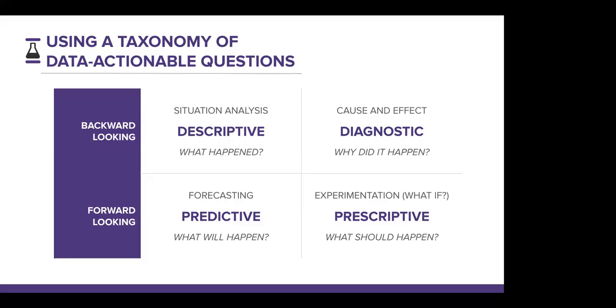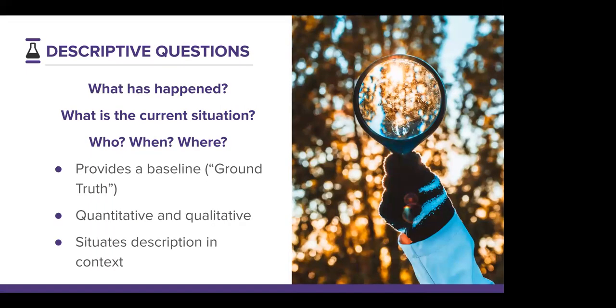Then we have diagnostic questions, which are questions that really try to explain why it is that we are in the current situation. Quite often also questions that try to understand cause and effect. Then we have predictive questions, and that's pretty straightforward. These are questions about what will happen with regard to the current situation. And then we have prescriptive questions as well.